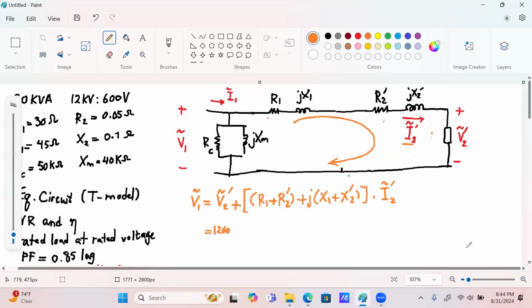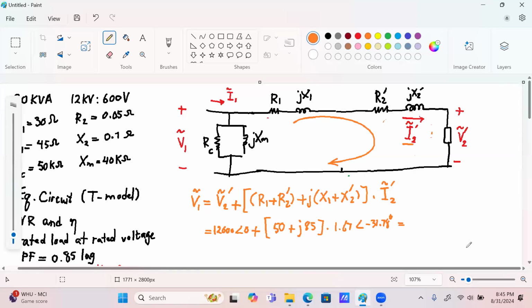It's going to be 12,000 with angle of 0 plus R1 is 30, R2 prime is 20, so 50, plus j, X1 is 45 and X2 prime is 40, so 85, times I2 prime, which I found to be 1.67 with angle of minus 31.78 degrees.